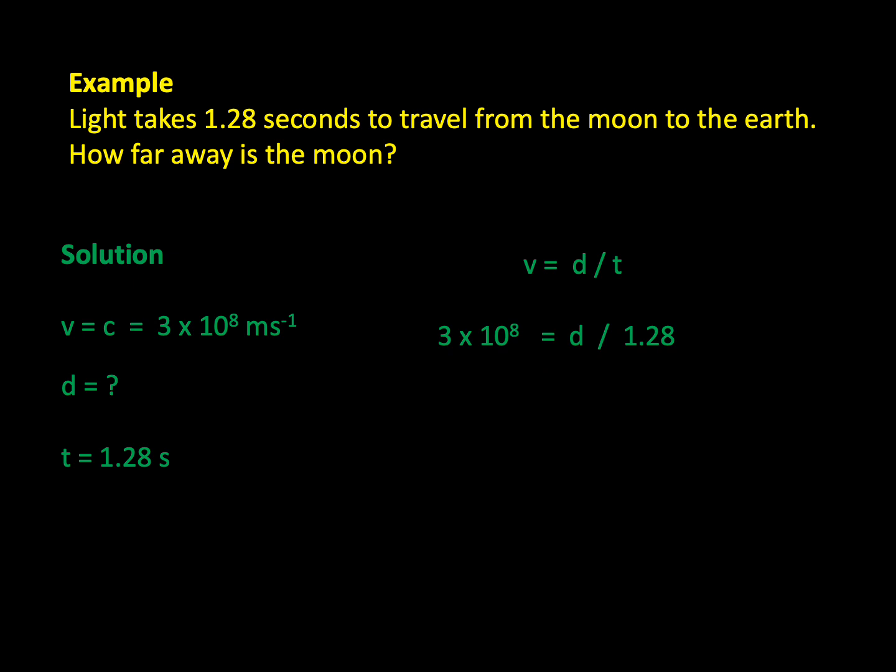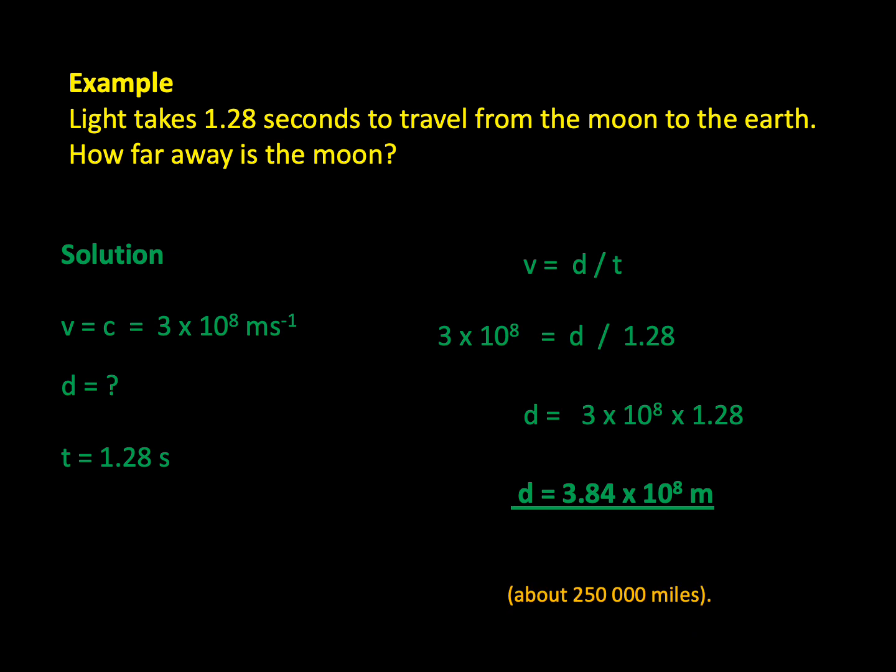D is the unknown. Now we need to rearrange that for D, so the 1.28 comes round under the equal sign and multiplies on, and we get this. And when we calculate the answer, the distance is 3.84 times 10 to the 8 meters. That's the distance to the moon. It's about 250,000 miles.